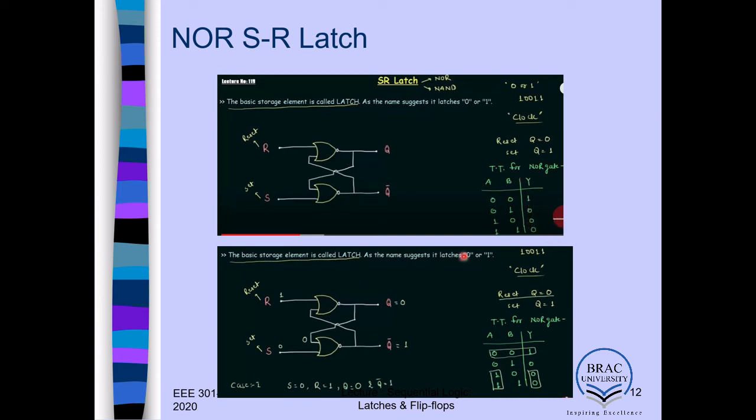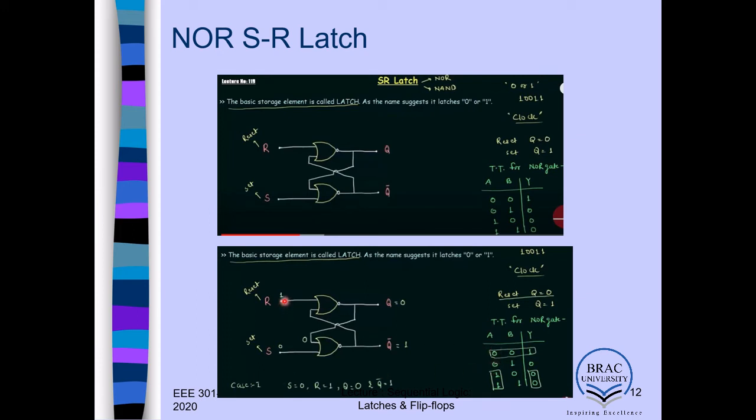If we consider that, just look at this circuit here. Case 1, say we put S equals 0, R equals 1. So this is 0 and 1. Just look at the truth table here, the 2-input NOR gate truth table.